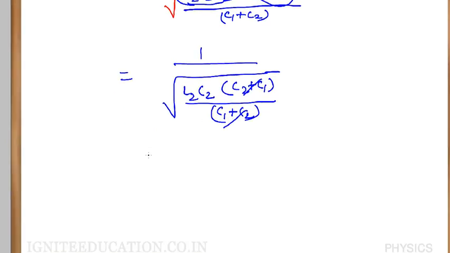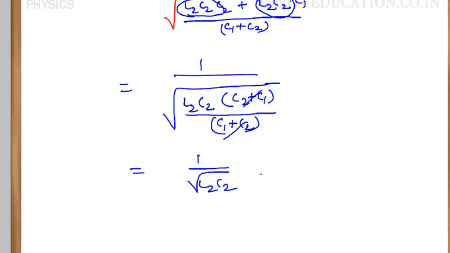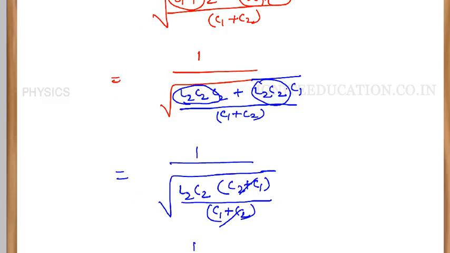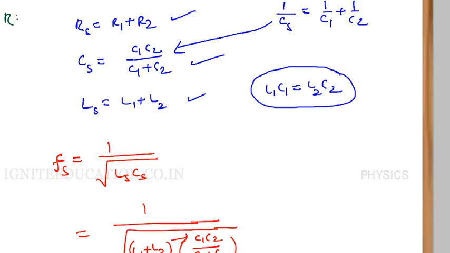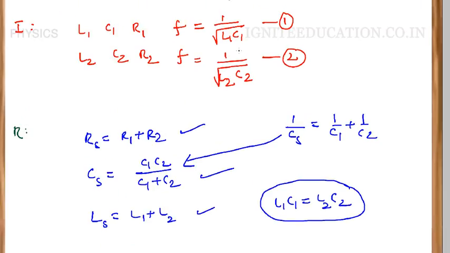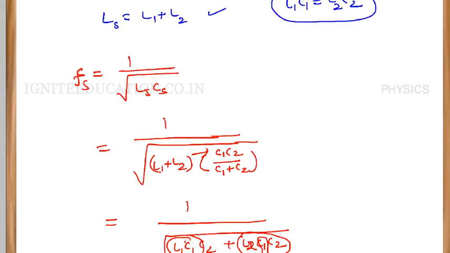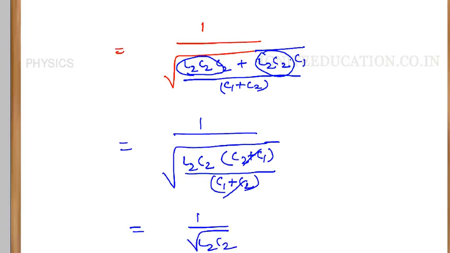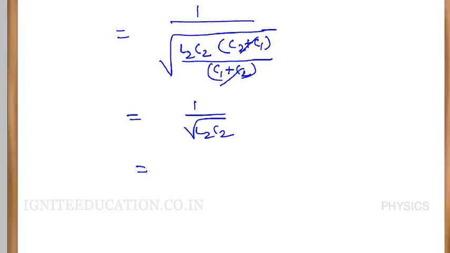So what is the remaining component? 1 by root L2 C2. I think we have seen this expression previously. What is it? It is f itself. For the second circuit we got 1 by root L2 C2 is represented as f. So now the resonant frequency is equal to f itself.